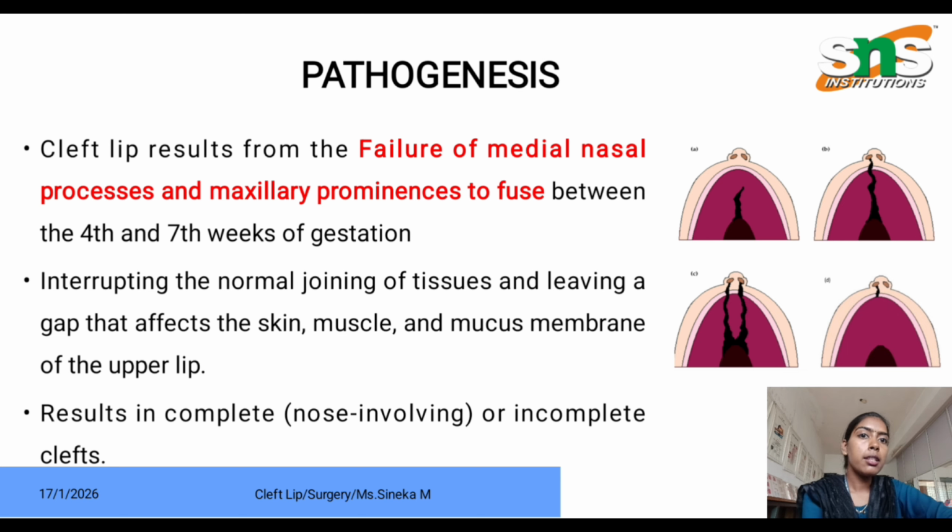In the mother's uterus, the normal joining of tissues is interrupted, leaving a gap affecting the skin, muscle and mucous membrane of the upper lip, resulting in complete or incomplete clefts, which is shown in the image.